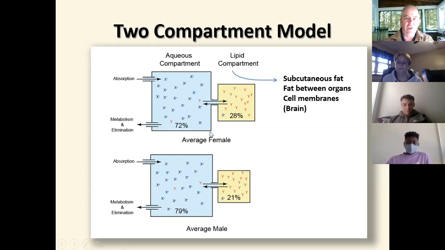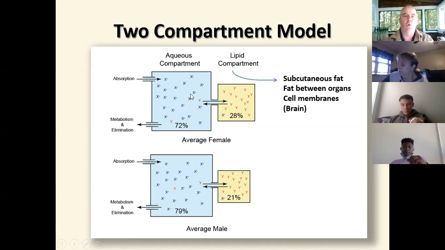The average female, of course, has a higher body fat percentage than the male, so they've got a larger fat compartment than men do. But anyway, when a drug goes into your body, typically it's starting out in the water compartment. You're either going to absorb it through your intestines and it goes into the blood, or you're injecting it into the blood, or inhaling it into the blood.